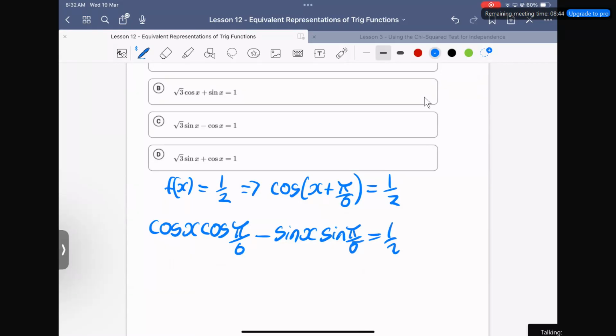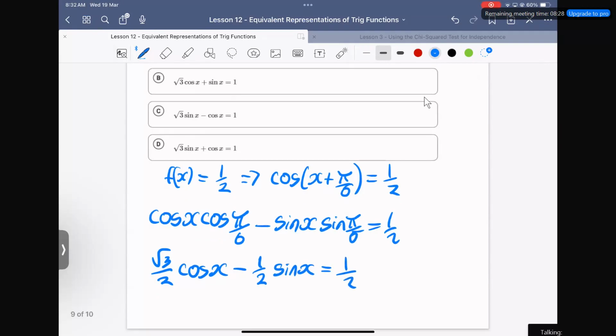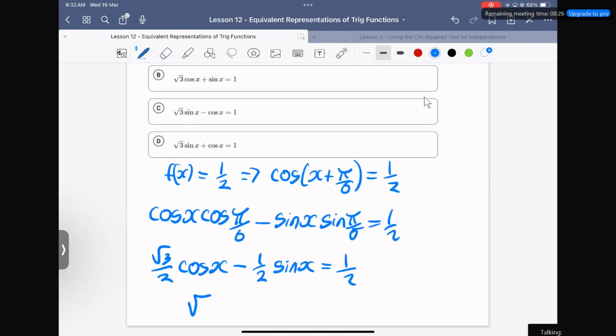Now the cosine of pi over 6 is root 3 over 2. The sine of pi over 6 is a half. Everything's over a half, so we can get rid of that. Root 3 cosine x minus sine x equals 1.